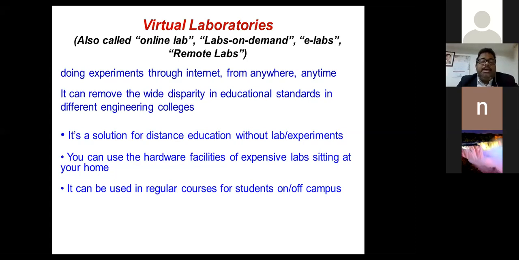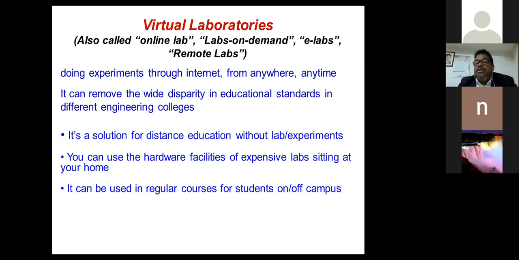It can remove the disparity between educational standards in different engineering colleges. If IITs conduct an experiment, a student from a remote village college can do the same experiment. IIT students are doing the same experiment, and that college student is also doing the same experiment.